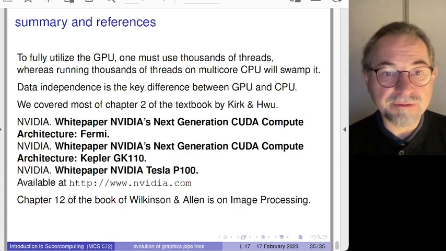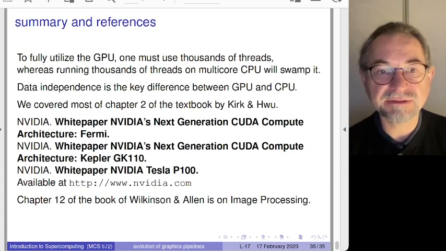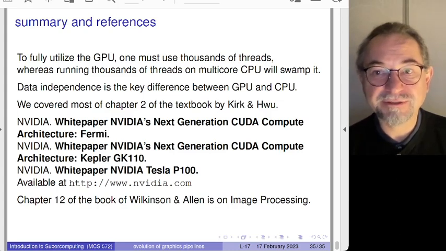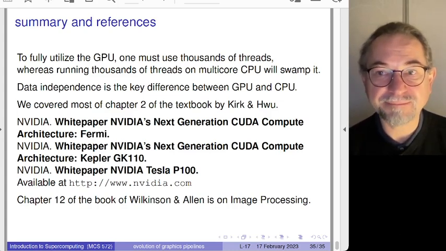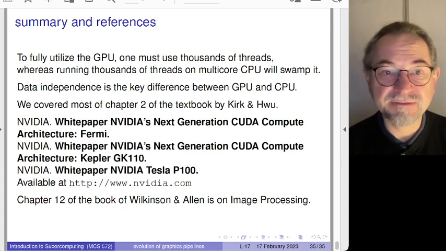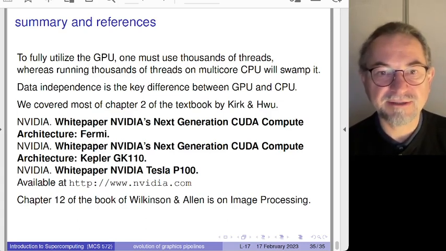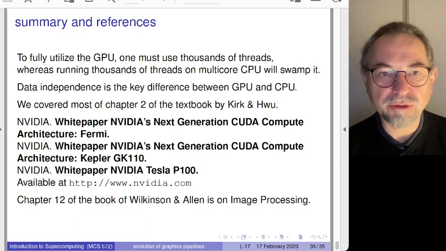Okay, so more references. There are no specific exercises other than to look up the documentation for the graphics card in your laptop or personal computer. If it is an NVIDIA one, then you can follow along with the CUDA model.